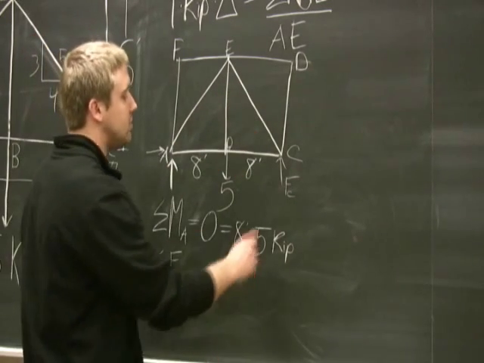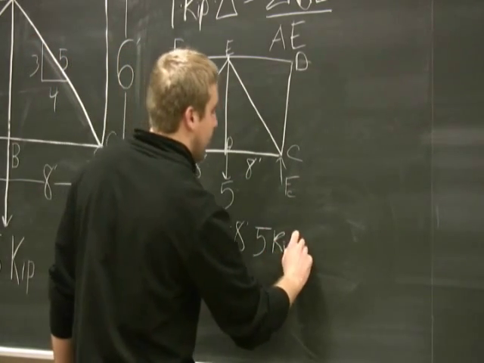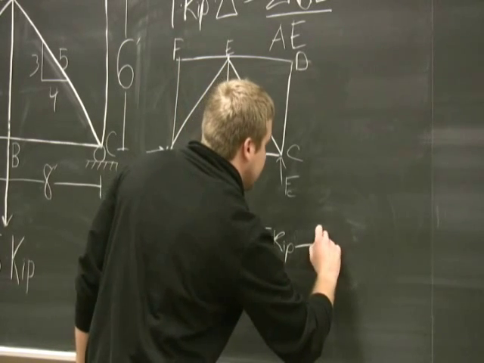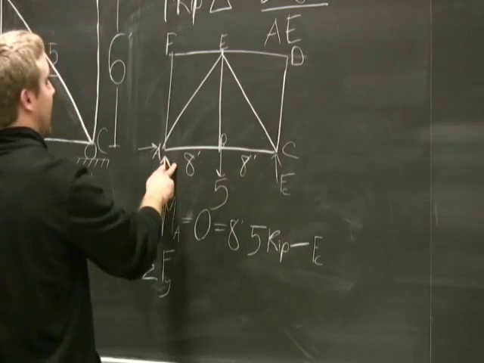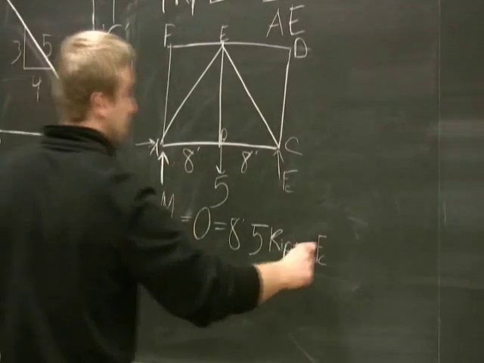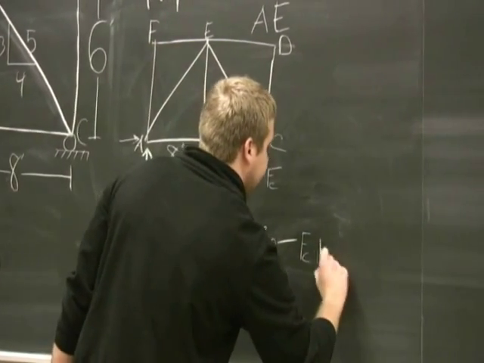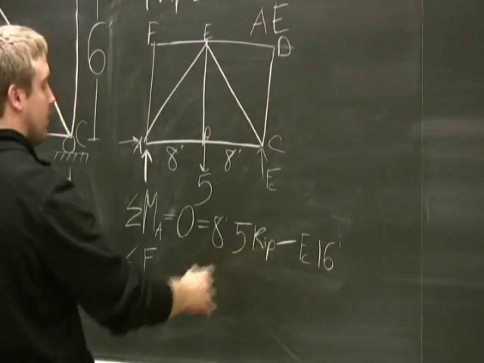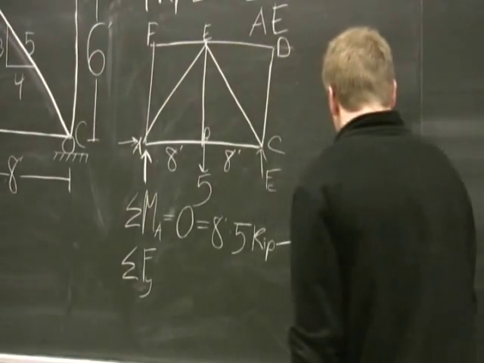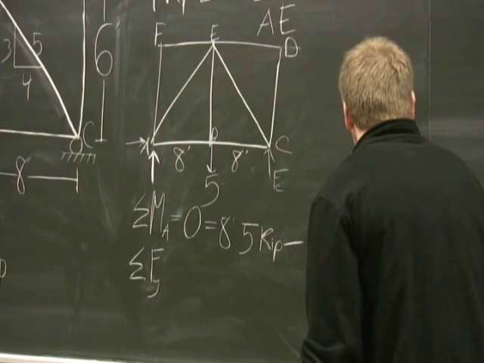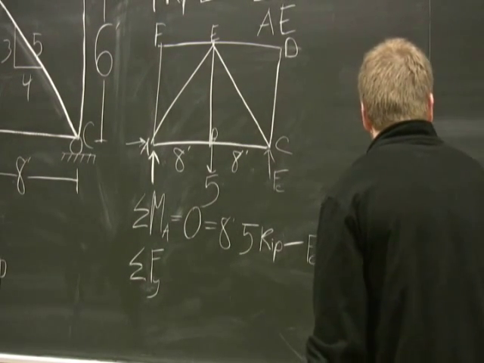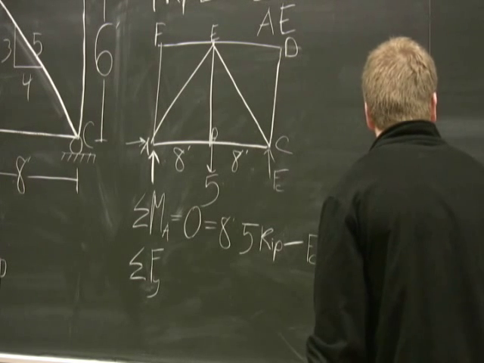So therefore, we'll use a minus in our equilibrium equations. So we have minus force at C times the distance it's acting at, so 8 plus 8 is 16 feet. Solving for the force at C, we get that the force at C equals 2.5 kips.